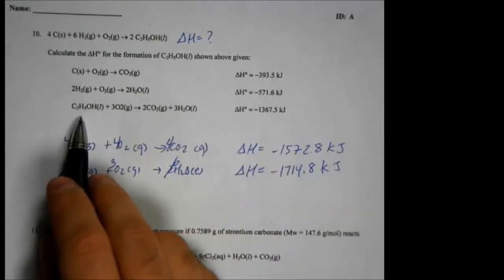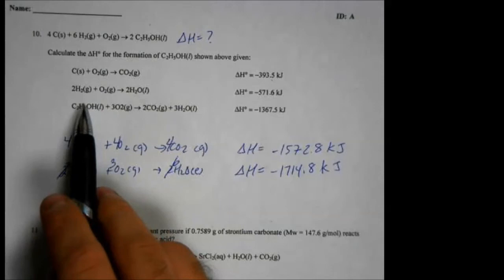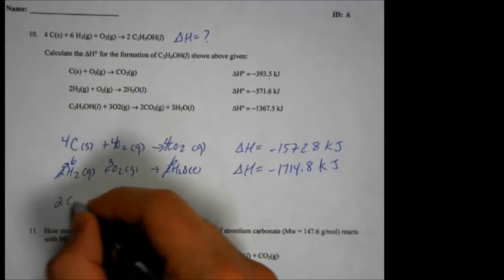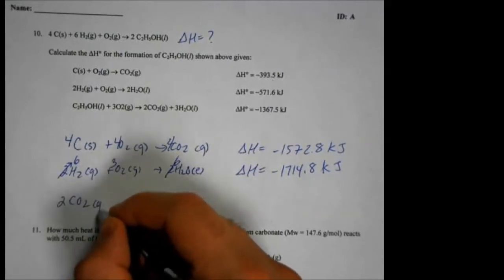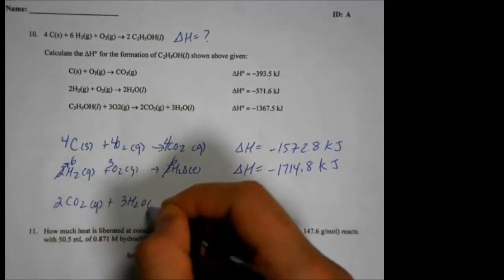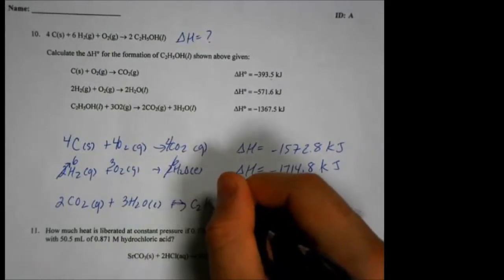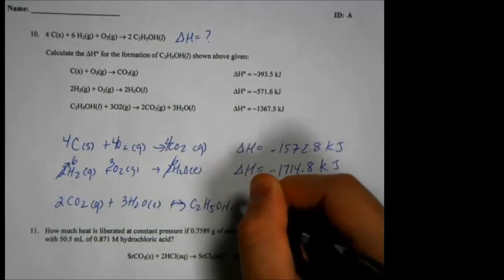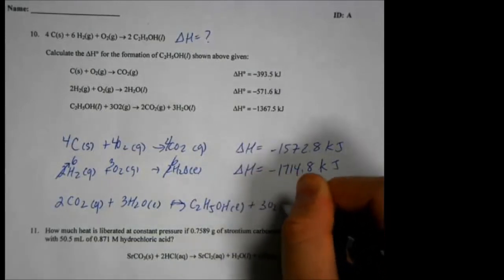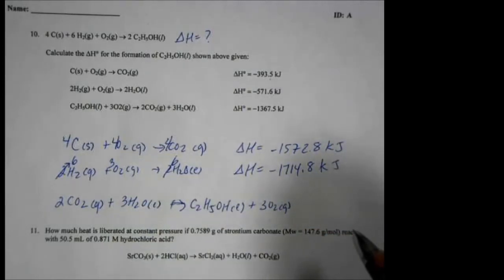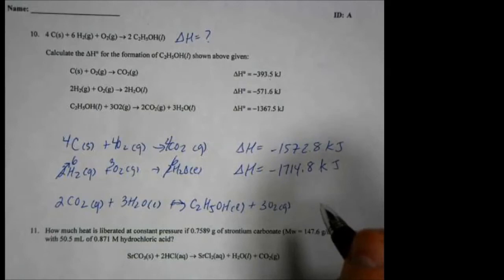Now this last guy, we have a problem. You can see that the reactant on this side is actually a product on that side. So automatically I'm going to go ahead and write this down by flipping it. It gives C2H5OH liquid plus 3O2 gas. Okay, so I flipped that, and so I know I'm going to have to multiply the delta H by a negative 1, and I have to make the coefficients match.